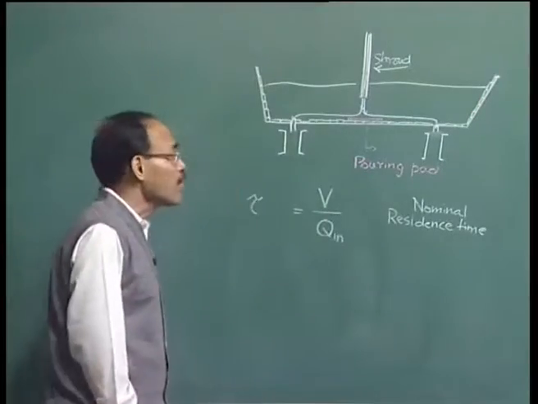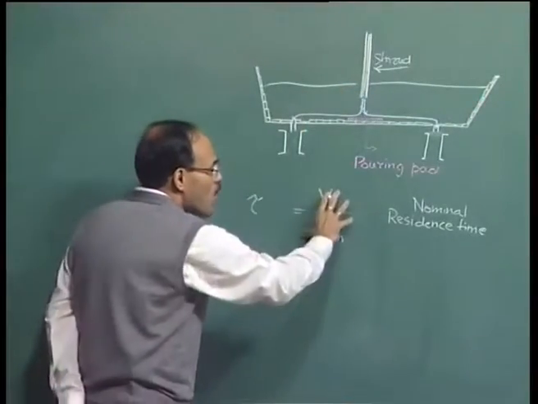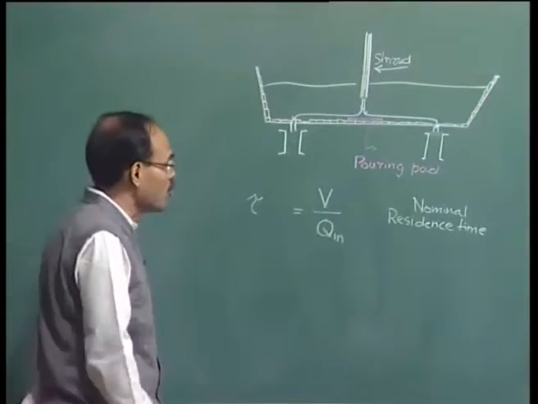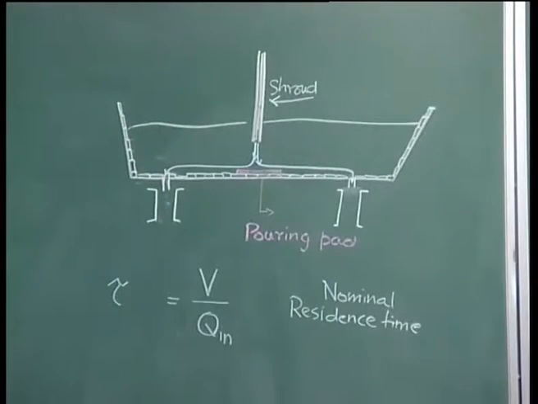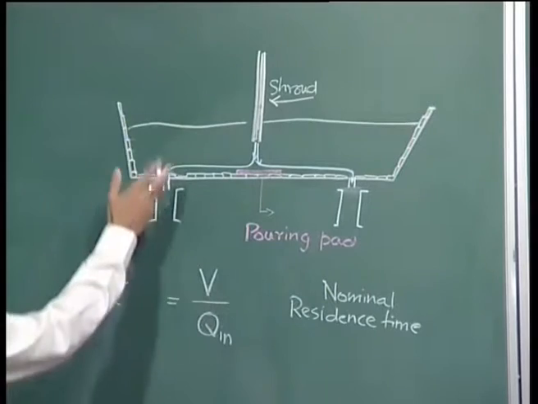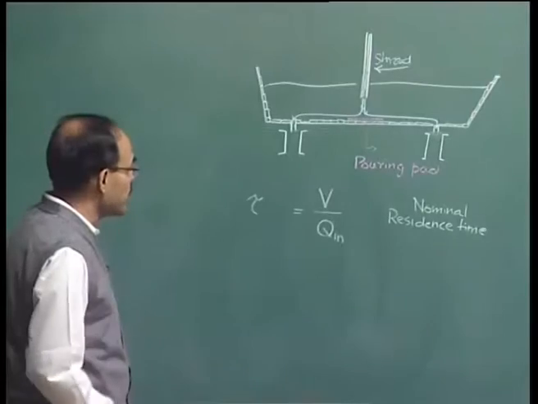So, the material which comes in here has a potential to spend so much time, depending on how much volume we can have and the volumetric flow rate. For example, we may be casting at 7 tons per minute, and this tundish may have a volume corresponding to 28 tons.